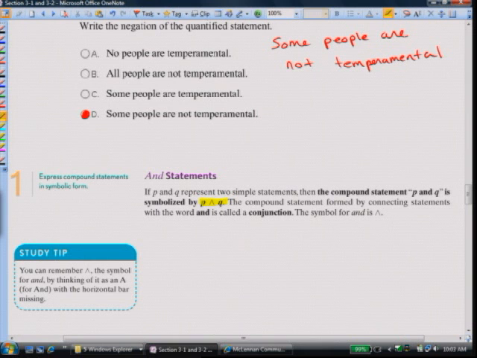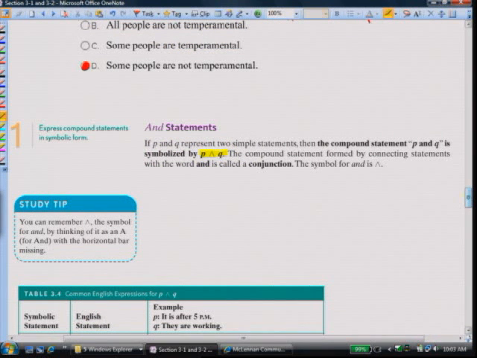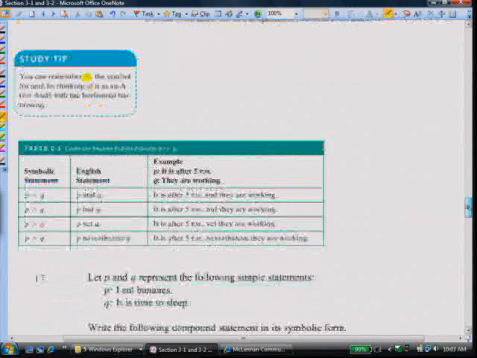We're learning the secret code for logic: the P is just a statement, and the Q is a statement, and the little caret, it looked to me like a little carrot top or a little mountain top, that's and. The compound statement P and Q is symbolized by P caret Q, and it's called a conjunction. You can remember that this is the and by thinking of it as looking kind of like an A without the horizontal line. So it's easy enough.